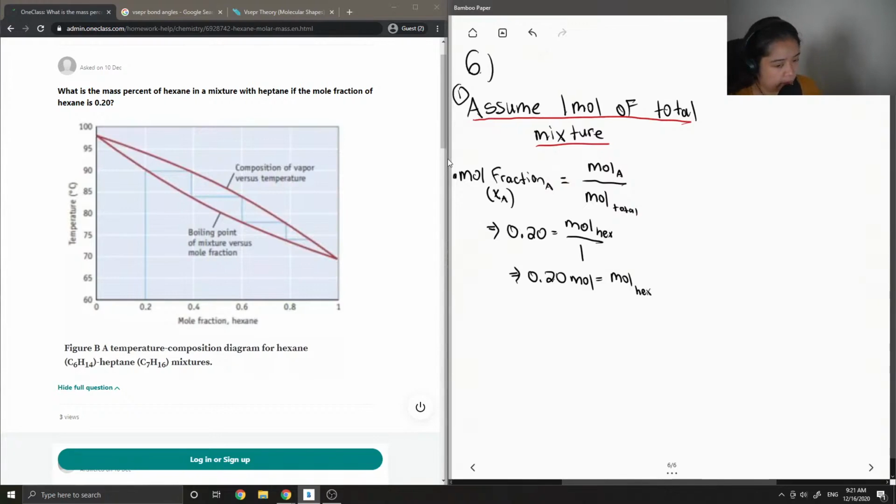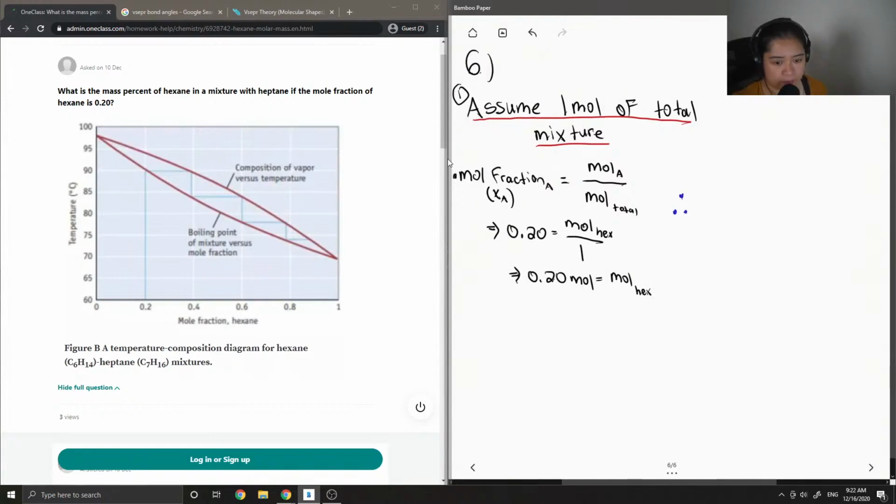I just showed that if we assume 1 mole of the total mixture, then there is 0.2 moles of hexane in the total mixture. And because we know the mole fraction of hexane is 0.2, we can calculate the moles of heptane.